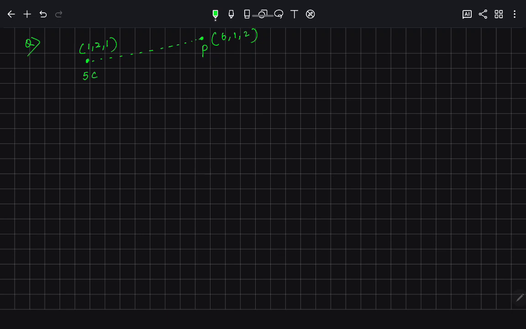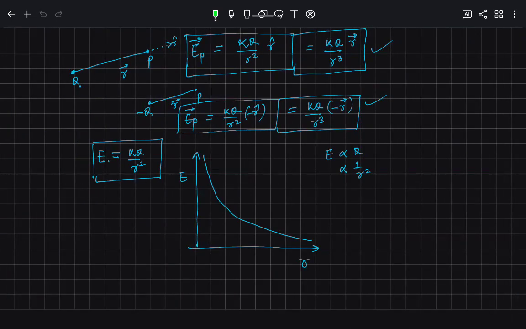We have to use this formula, or if the charge is positive we can use this one, or if the charge is negative we can use this one.